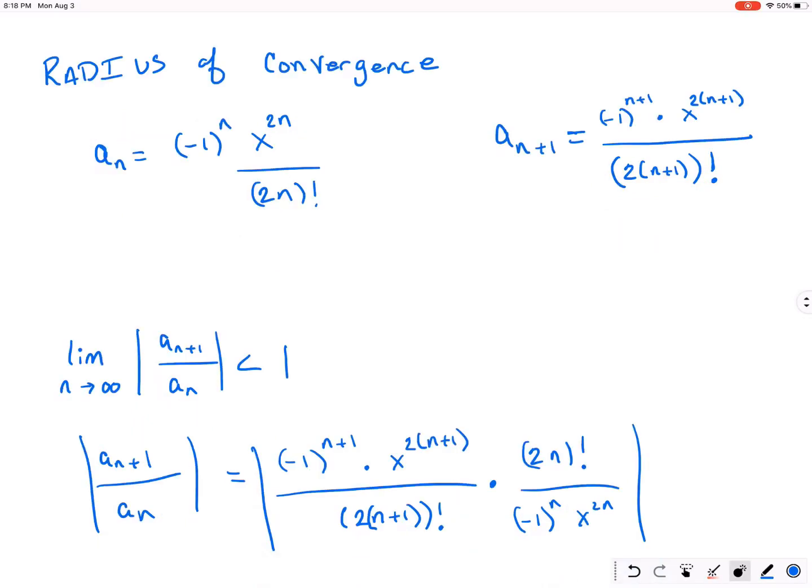So remember, if I take the limit of the absolute value of a sub n plus 1 divided by a sub n, and that limit exists and it's less than 1, then my series converges.